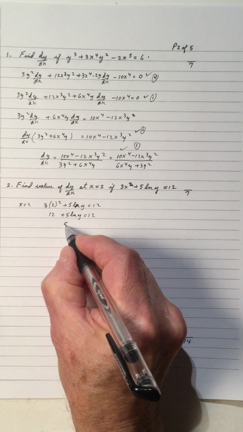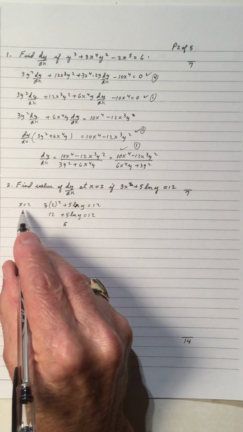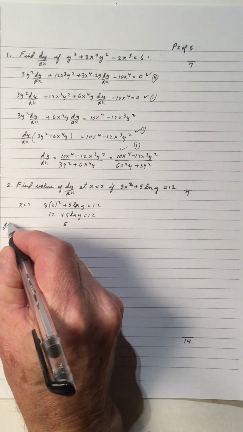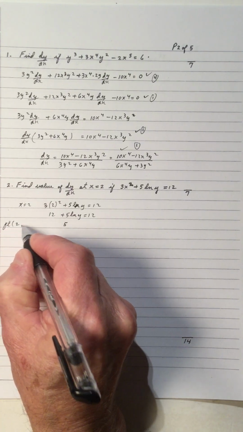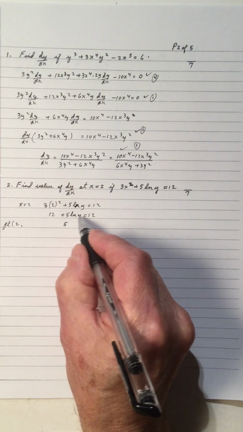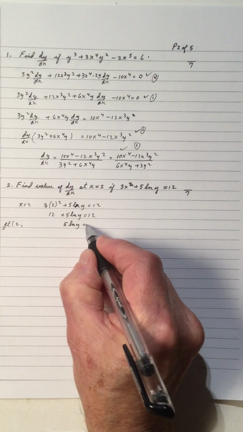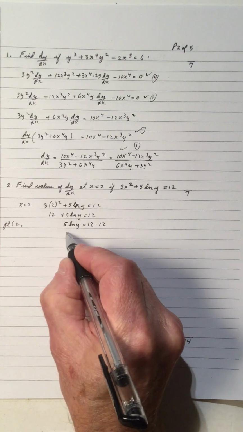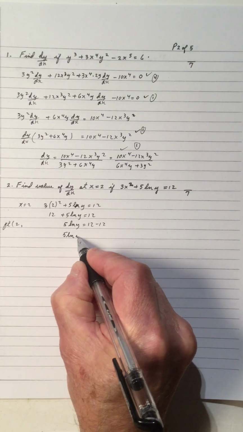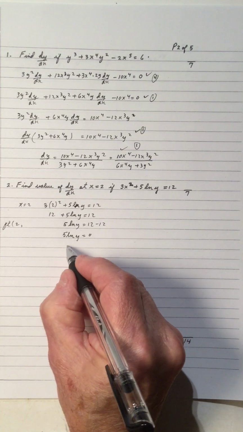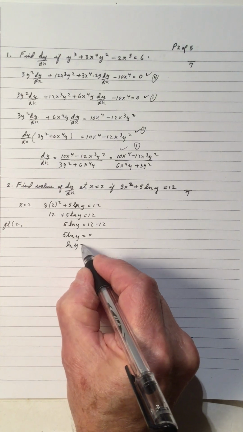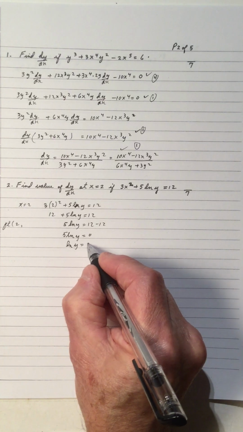We're trying to find the coordinates of the point. We have x is 2, we need to find y, so we solve this equation for y. 5 ln y equals 12 minus 12, so 5 ln y equals 0. That means ln y is 0 divided by 5, which is 0.